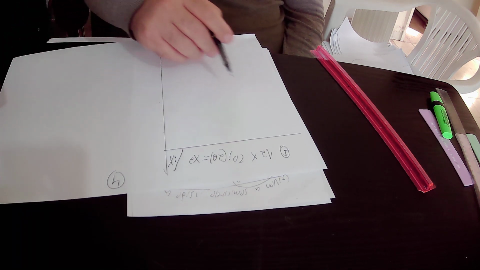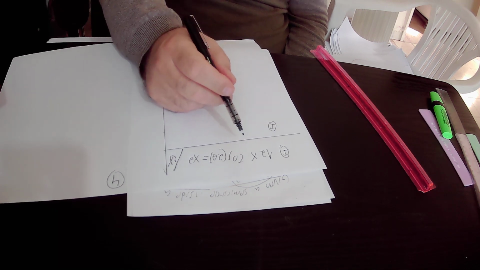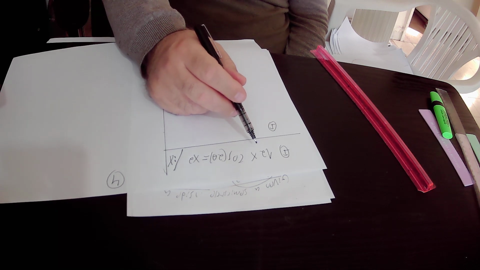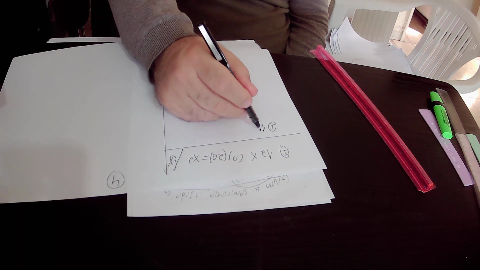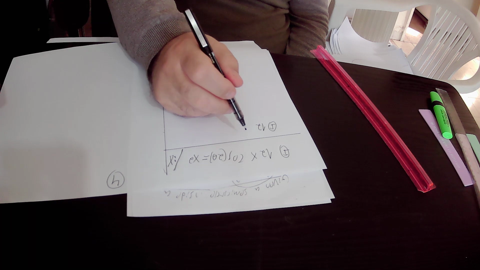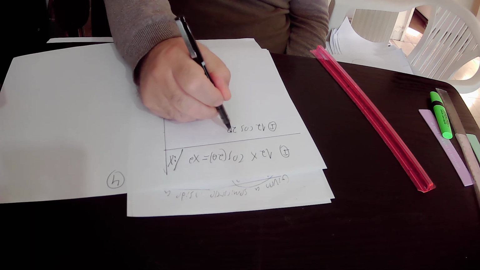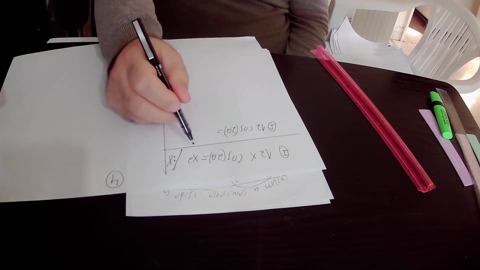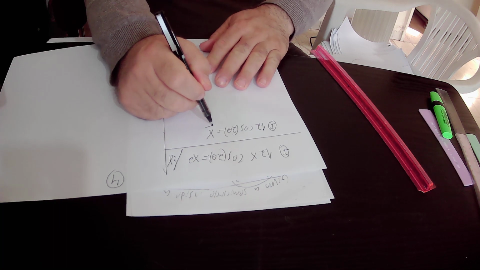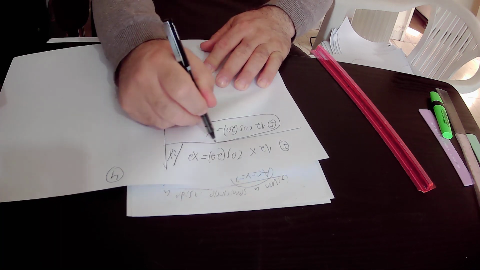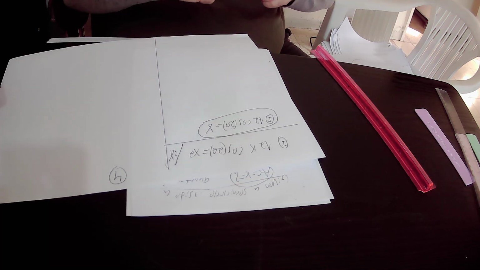Okay. So here x will get cancelled and we are left only with 12 times cosine 2 theta, that is equal to x squared over x, which is x. So in conclusion, according to equation number 1, we found out that 12 times cosine 2 theta equals x.